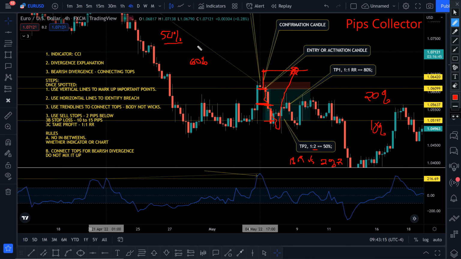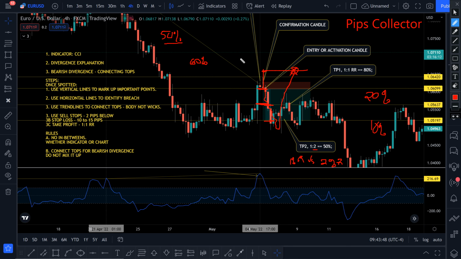Except for Euro USD that rarely has commission, and rarely has spread. But if it's pound yen, you pay $7 round trip commission, which is 3.5 to open the trade, 3.5 to close it. As in 3.5 to buy the trade, 3.5 to sell it back. But I'm going a little advanced.